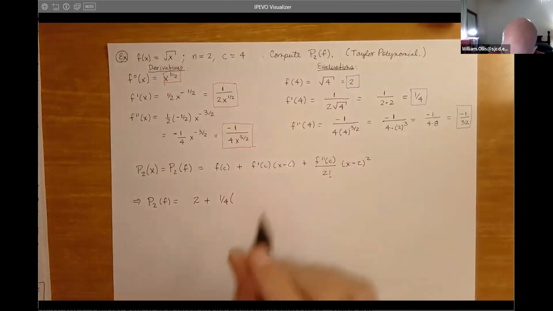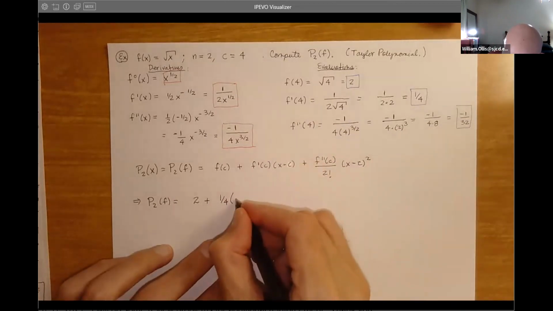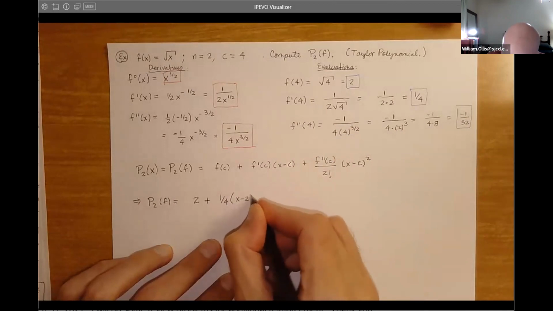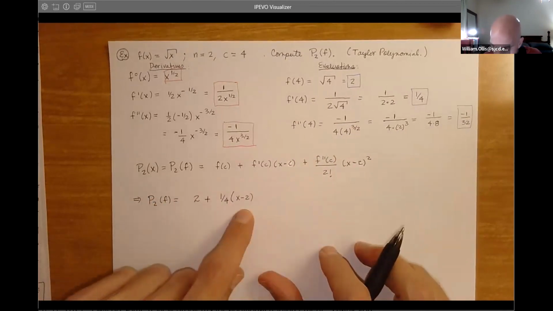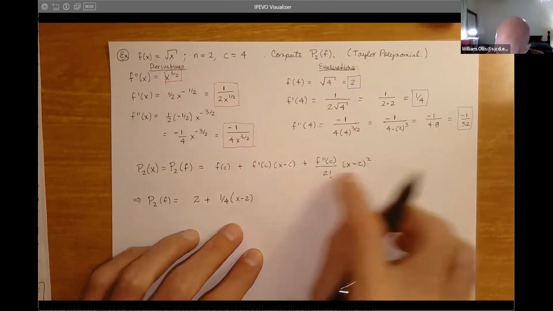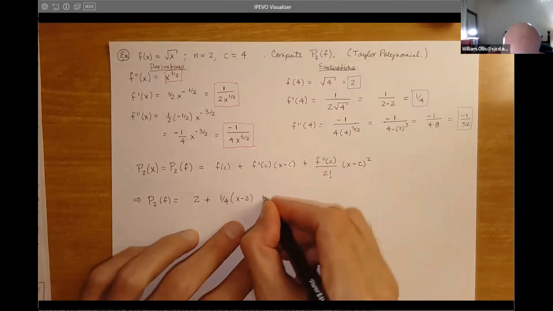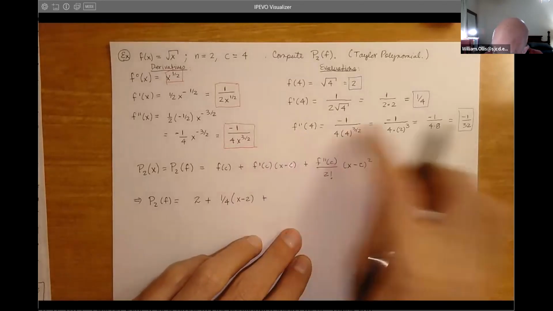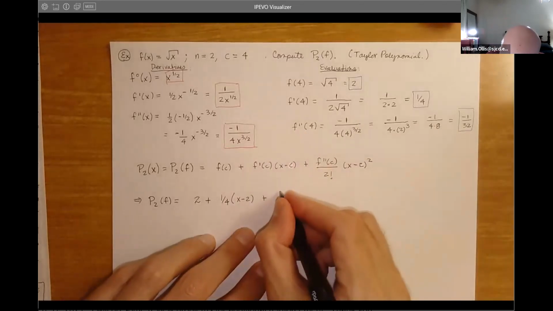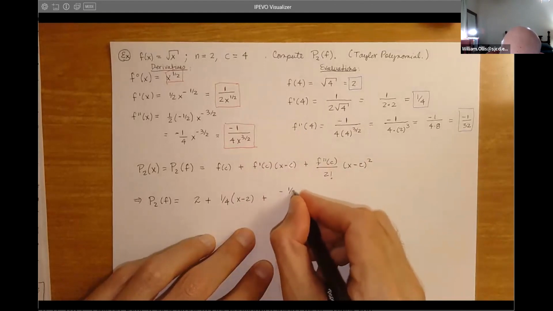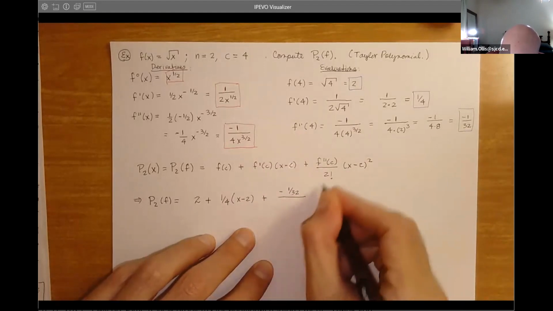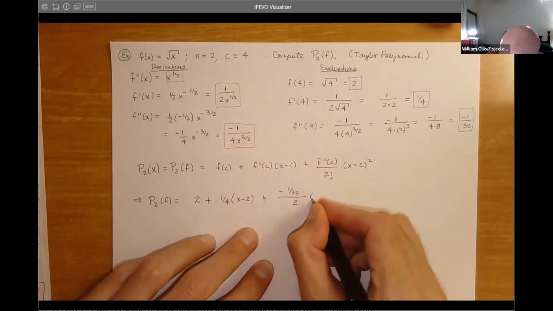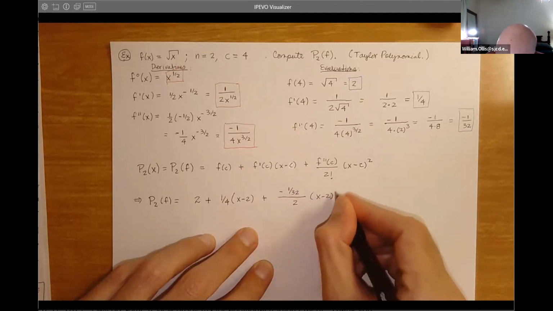So here's just the standard formula, and we'll fill in all the details here. Keep those as c's, no reason to go back and forth. And then f double prime of 4 is -1 over 32, divided by 2 factorial, which is 2, and x minus c quantity squared.